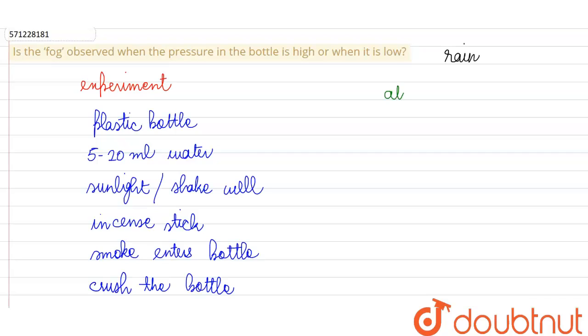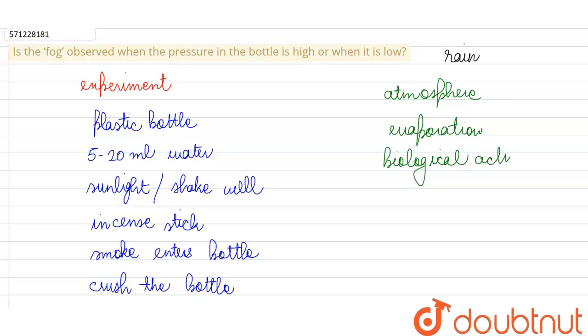So basically, what happens is a lot of water in the form of gas is entering our atmosphere because of evaporation from water bodies and also because of biological activities, respiratory exchange between the atmosphere and the living organisms. So because of all these activities, the atmosphere becomes rich in water vapor.